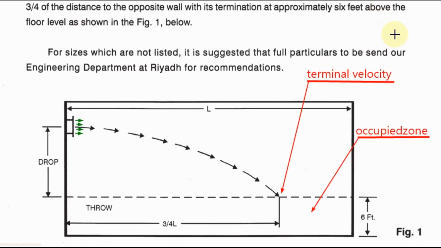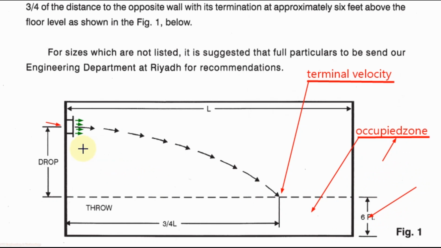There are some terms that we use when we select the supply air grill or resistor. These are occupied zone, terminal velocity, throw, and drop. This picture is showing the section of a room where a wall grill is supplying air to the room. The height from finished floor level up to 6 feet we call the occupied zone.